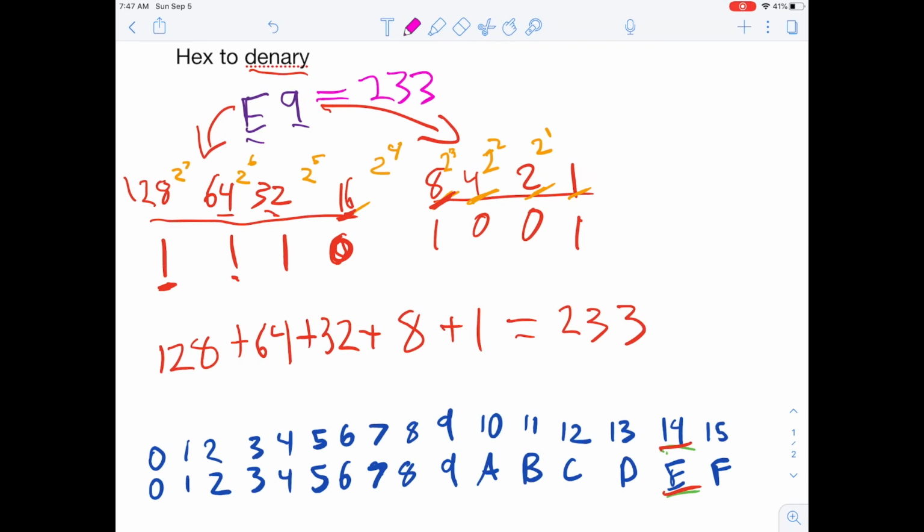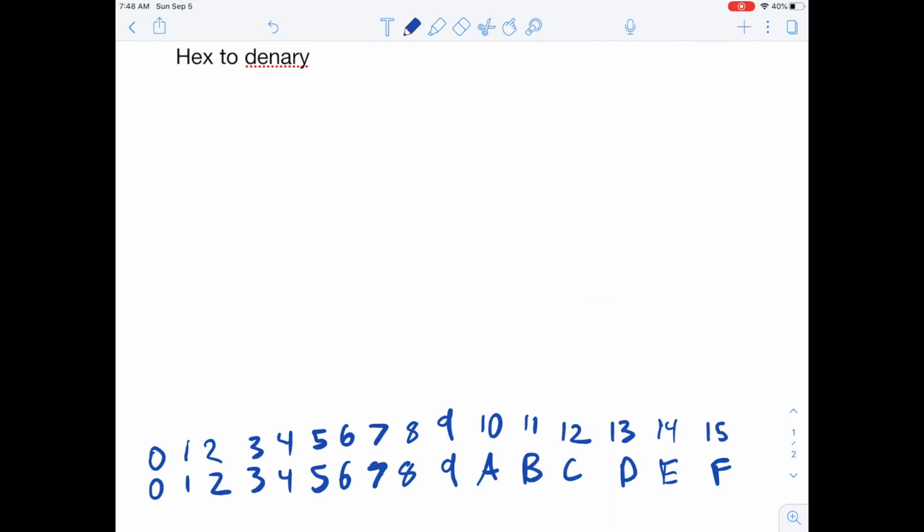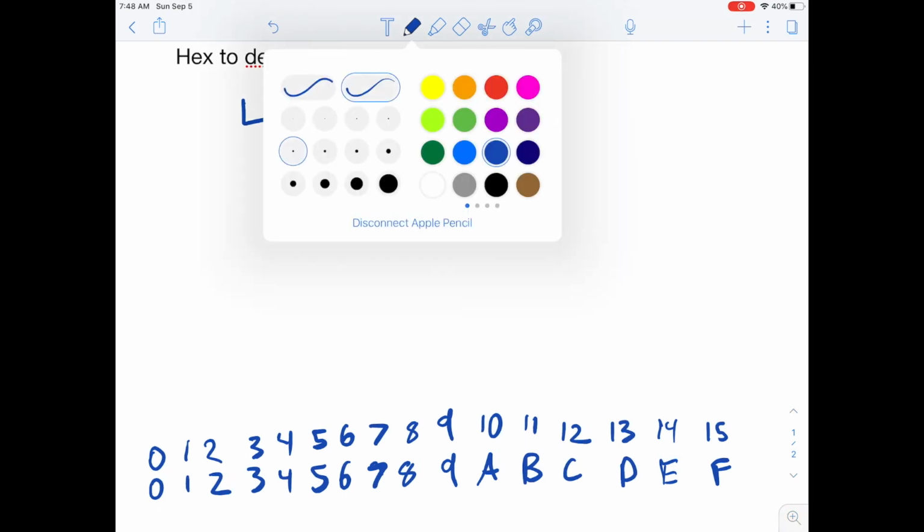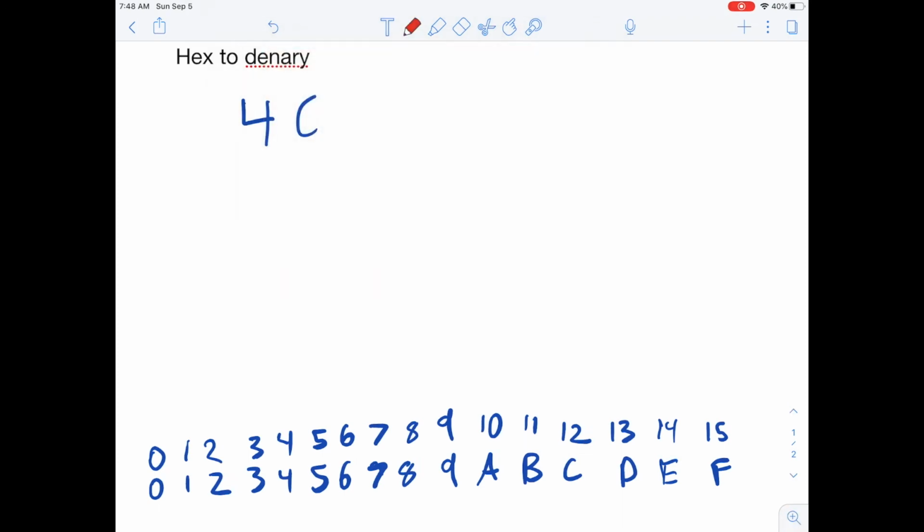Alright, let's do one more. Alright, let's try hex 4C. And we're going to convert that. And again, we're going to use the method where we convert it into binary first and then go to denary or decimal. So for C, I'm going to put the place values on top, 1, 2, 4, 8, and 1, 2, 4, 8.